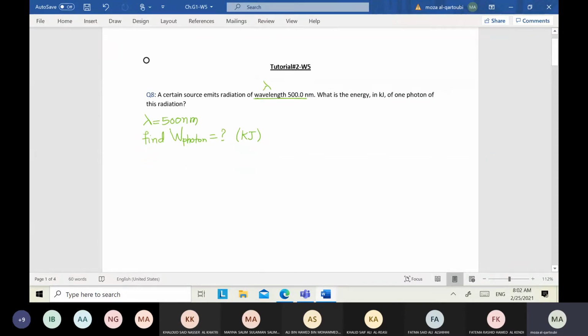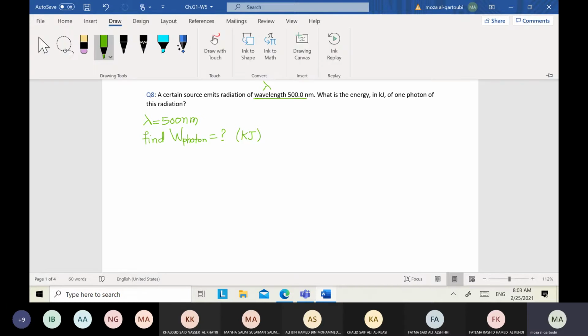Anyone remember from question number 1? Energy of a photon equal what? We explained before in detail how to find the energy of a photon.